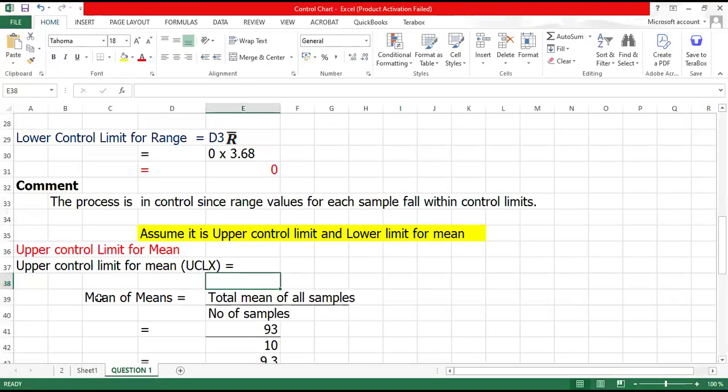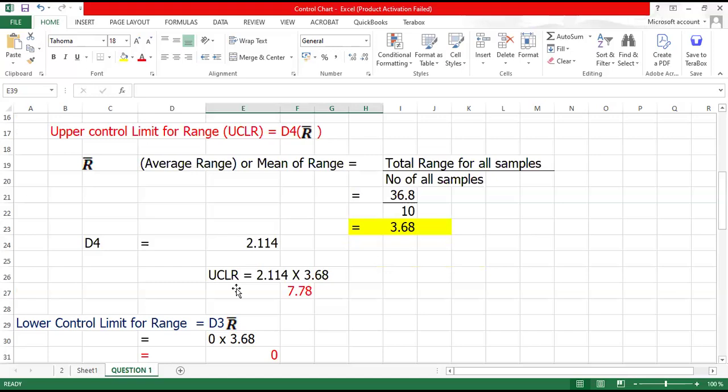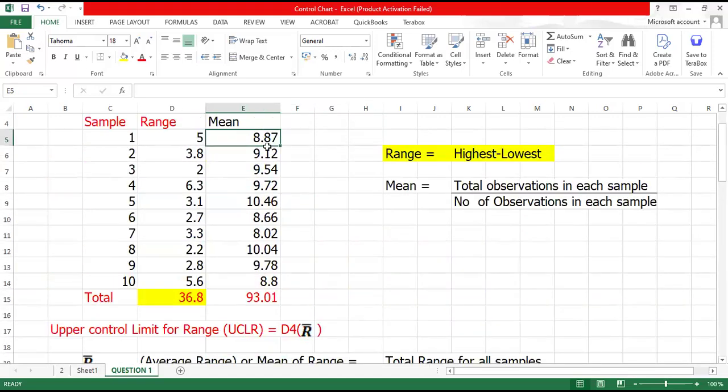Coming back here, how do we get mean of means? Mean of means, that is X with 2 bars. You get total mean of all samples. You have mean for each sample, so get total mean.